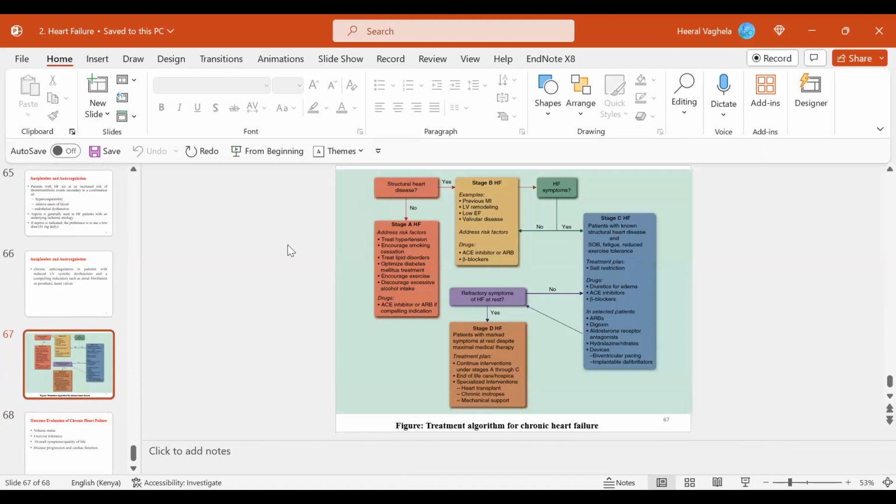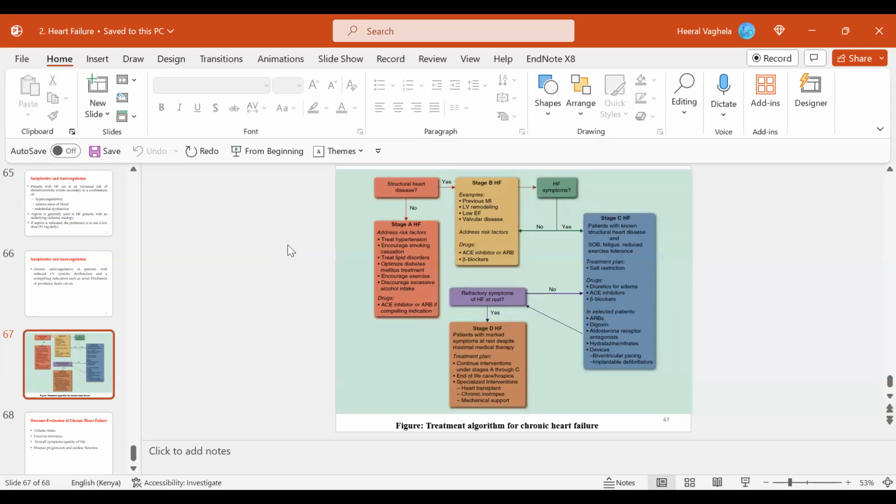What ACE inhibitors do is reduce cardiac remodeling and cardiac hypertrophy. We said cardiac remodeling and hypertrophy are caused because your heart is working more than usual, so that's a compensation mechanism of your body. ACE inhibitors or ARBs inhibit this remodeling and hypertrophy, so you use these drugs for stage A.